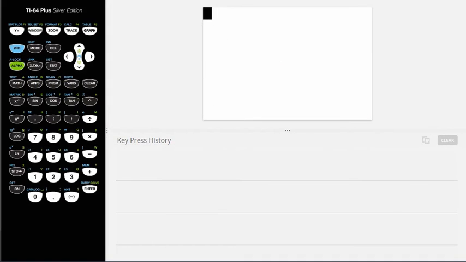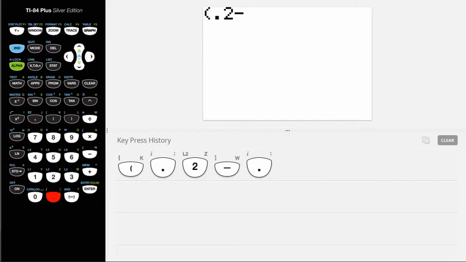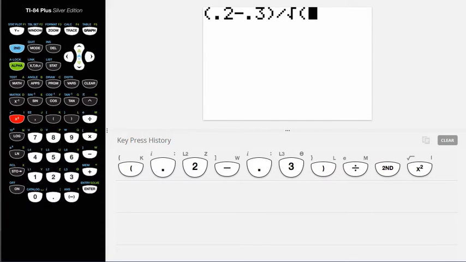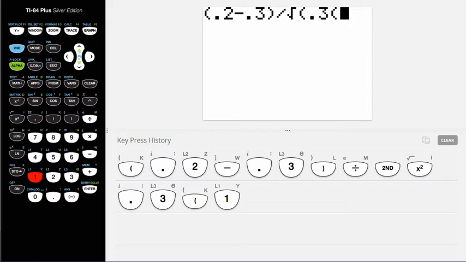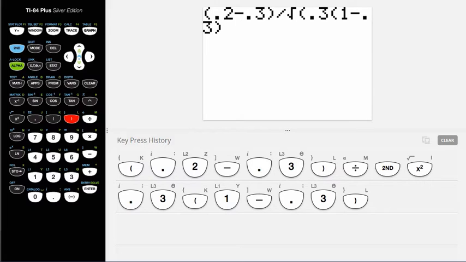Going to our calculator, I want my numerator in parentheses: open parenthesis, 0.2 minus 0.3, close parenthesis, divided by, I don't need parentheses since my denominator is under the square root, 0.3, open parenthesis, 1 minus 0.3, close parenthesis, divided by 30, close parenthesis, or arrow to your right.